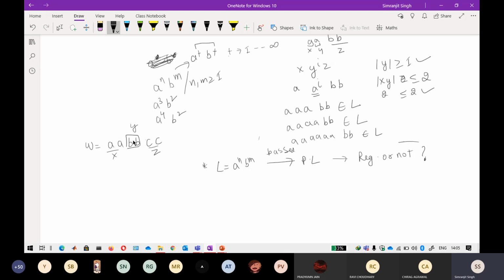What is the logic behind it saying that this particular string does not belong to the language? Because it is finding some loop here. If you are pumping the string, like B, B, B, it means there is a certain kind of loop existing there.